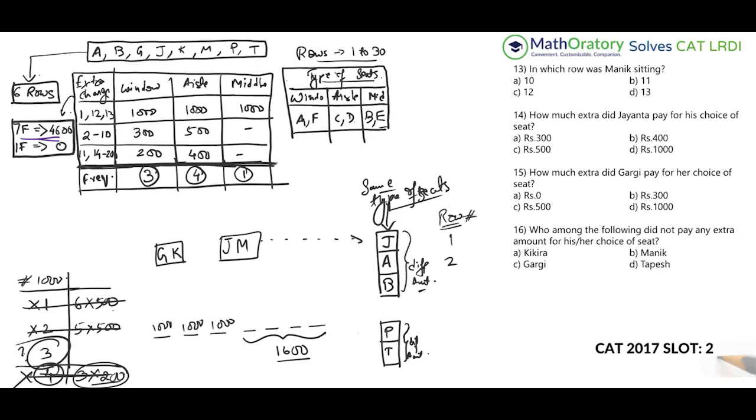So 1, 2, 3 are not possible. Even 2, 3, 4, 3, 4, 5, all of these up to something like 8, 9, 10, that is not possible. Even 9, 10, 11 is not possible, because if there is 9, 10, 11, then both 9 and 10 are falling in this category. And whichever this is, whether they're in window seat or the aisle seat, they'll be paying the same amount, right? So 9, 10, 11 is also not feasible.